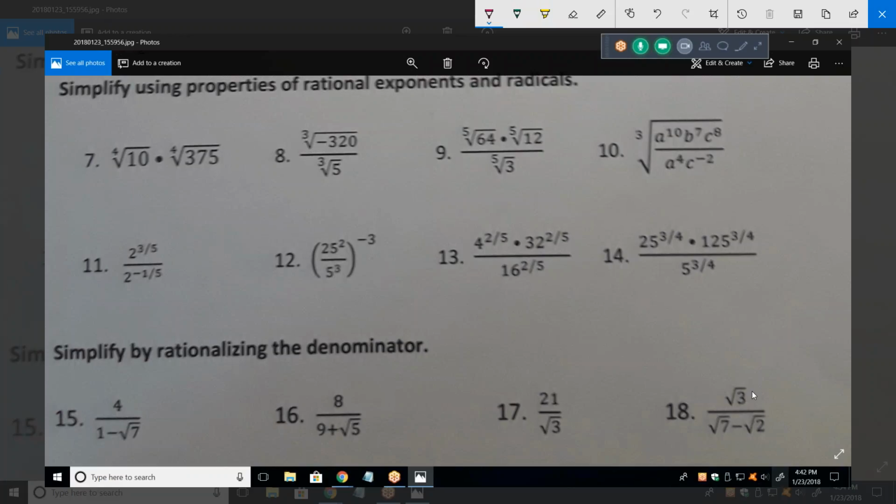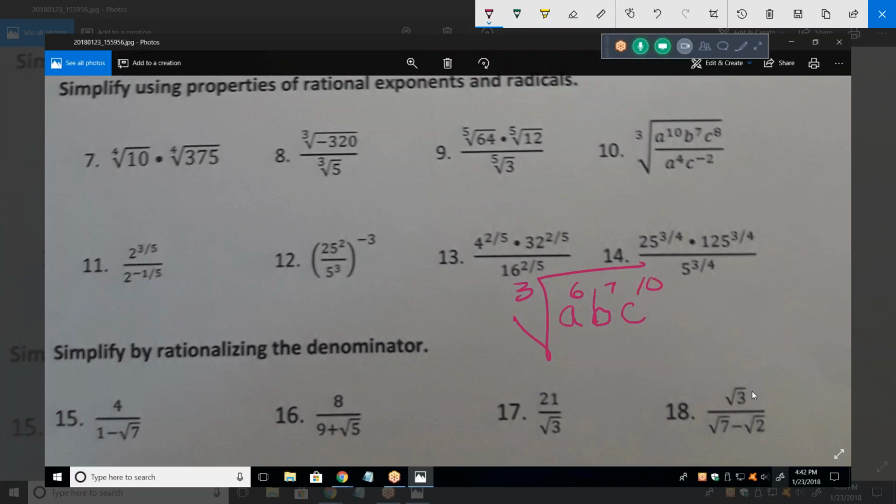Okay, what does it simplify to? So the third root of a to the sixth. You're just subtracting exponents. Okay. B to the seventh. C to the 10th.